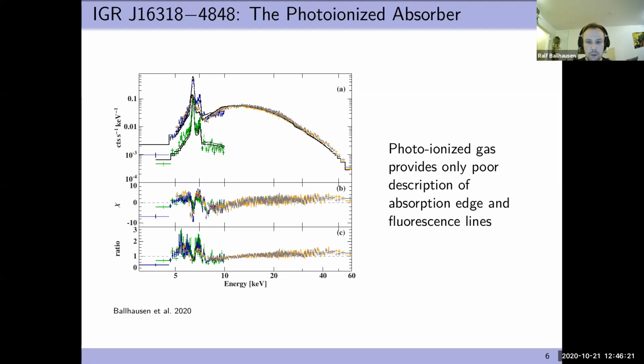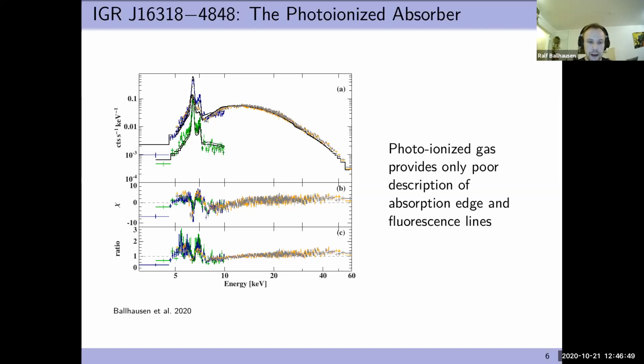And what we found is that we could basically get the order of magnitude of the line flux correctly, but not really the exact line ratio or the edge depth. So this really didn't work out well at all. The order of magnitude of the line flux is okay, but it's still such a big mismatch that we argue that a single gas absorber doesn't really fit our data well.